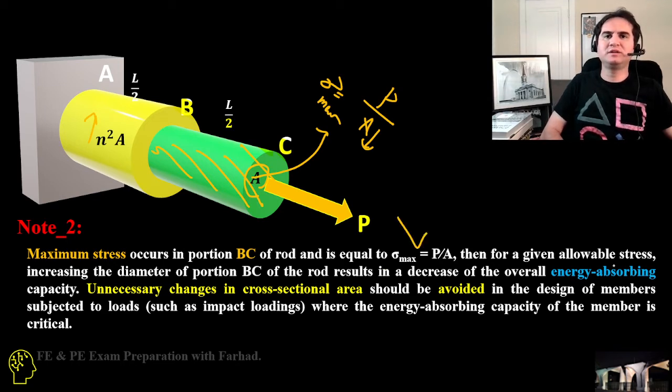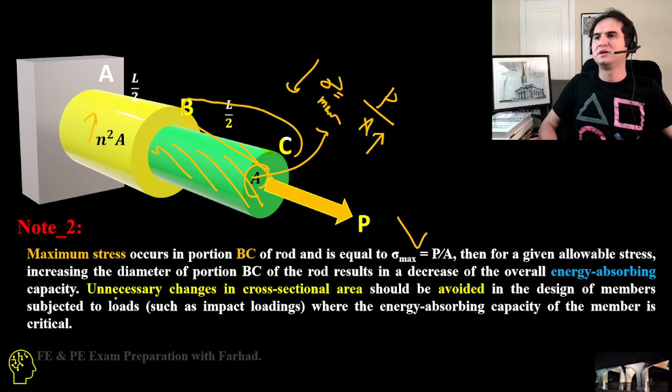Then for a given allowable stress, if we increase the diameter, or cross-section, of portion BC of the rod, it just decreases the overall energy absorbing capacity.